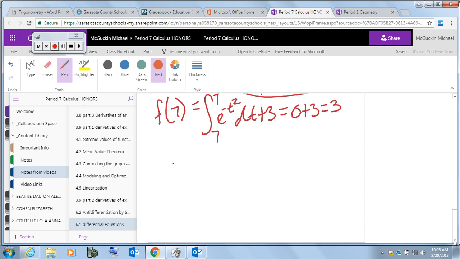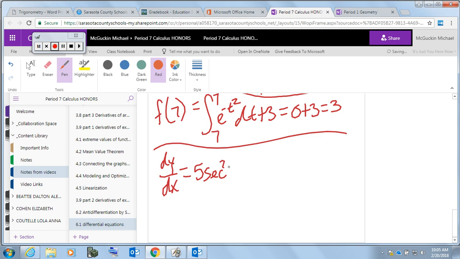Your derivative is going to be dy dx, we simplify this, dy dx. It will be 5 times secant squared of x minus 3 over 2 times the root of x. Y equals 7 when x equals 0.